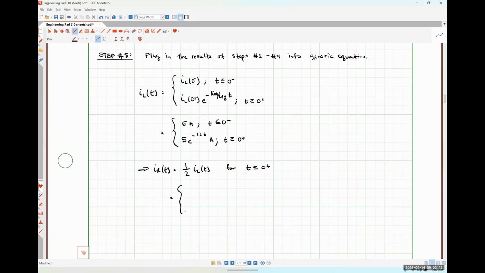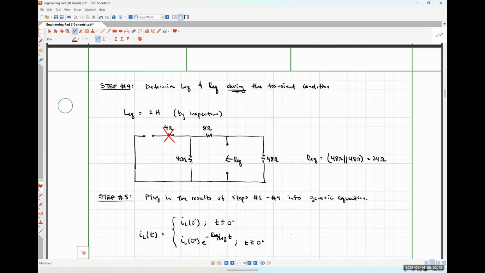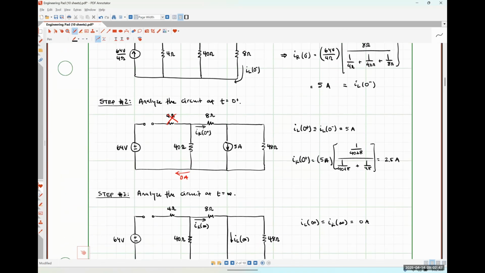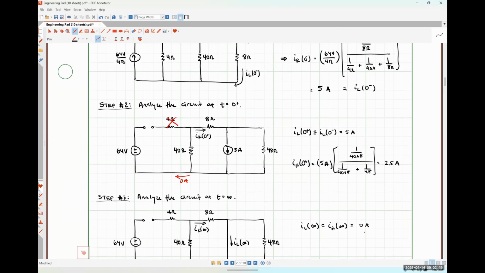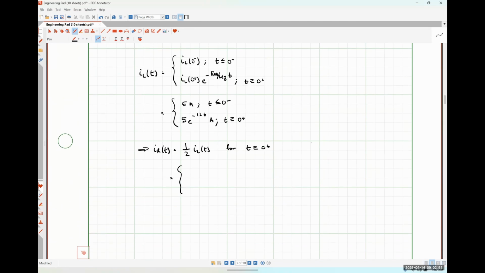So what happened at 0 minus? What was our resistor current? It was also 5 amps. So we would have 5 amps for t less than or equal to 0 minus, and then 2.5 e to the minus 12t amps for t greater than or equal to 0 plus.